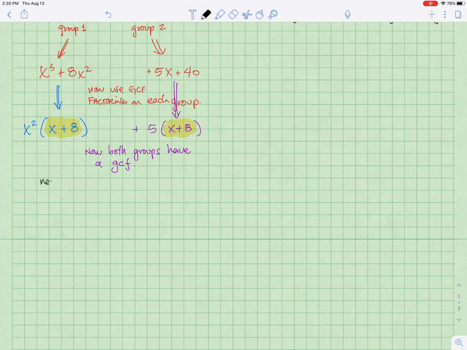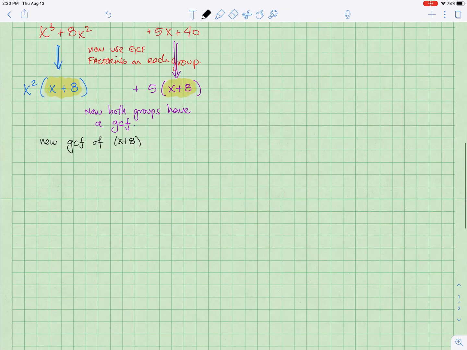When we factor out an x plus 8 from the first group, our leftovers are x squared. And from the second group, our leftovers are a positive 5. So this was the new GCF, and this was the leftovers. And that's factor by grouping. We factored it.